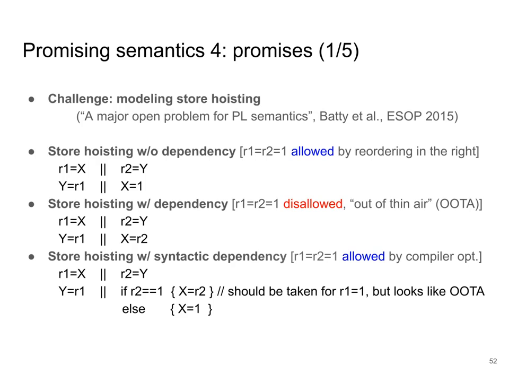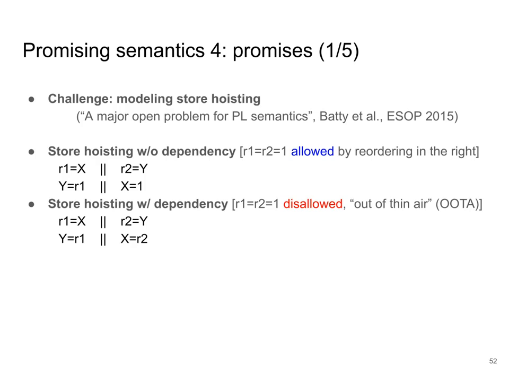What is complicated a little more about this problem is that the difference between the two examples is that the first example has no dependency between the two instructions in the right thread, and the second example has a strong dependency between the two instructions.